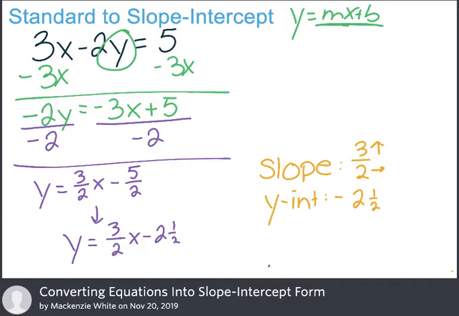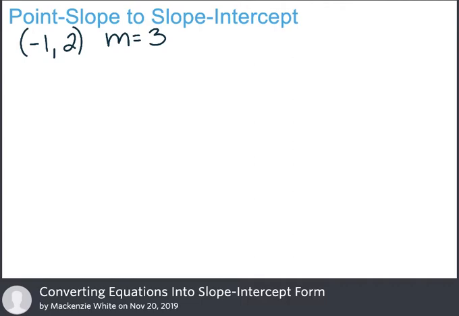This is one example. In this last example, we are going to convert from point-slope form into slope-intercept form. So again, just as a reminder, slope-intercept is y equals mx plus b. And so for this, I'm given a point and the slope, and the first thing I need to do is write this into point-slope form.